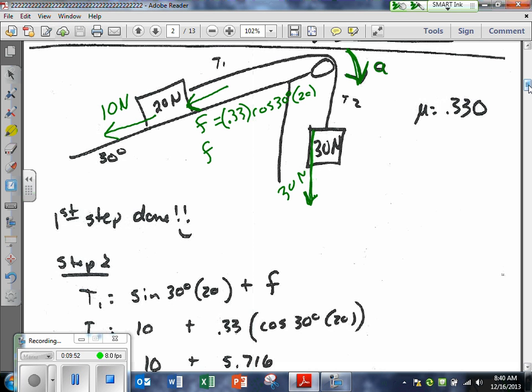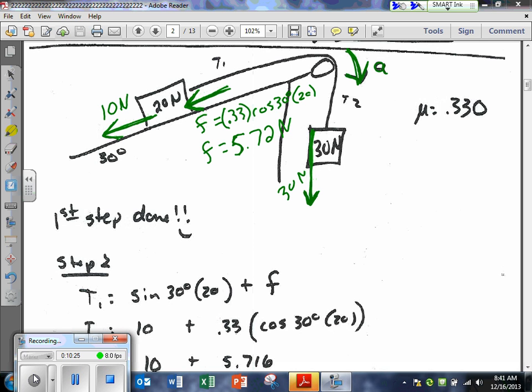The friction then is going to be 5.72 newtons, and as we said, that's in this direction here. So we have friction plus the force down the ramp against the 30 newtons. If you add those two forces together, you can see this thing is still going to be moving, right?